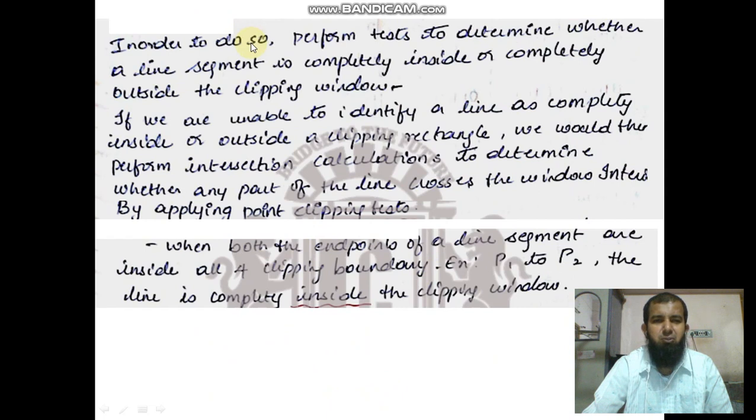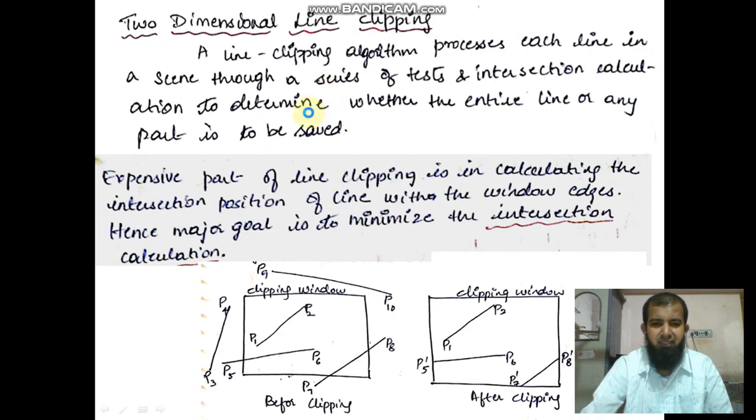In order to do so, perform tests to determine whether a line segment is completely inside or completely outside the clipping window. This is completely inside, no problem. This is completely outside. Even these lines' points are completely outside, but they pass through the window. So there are different cases here.